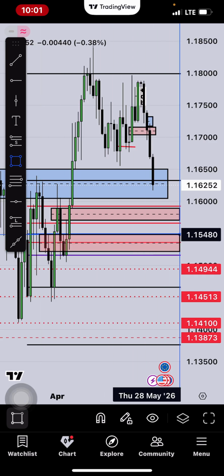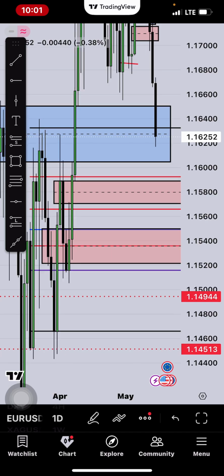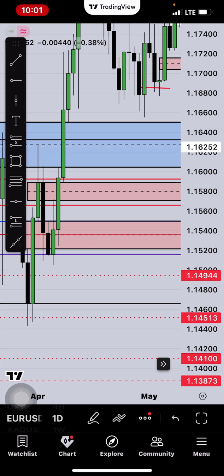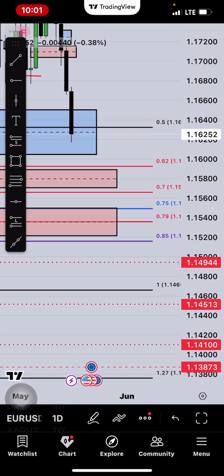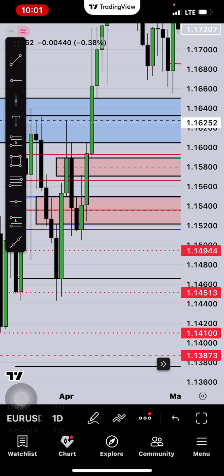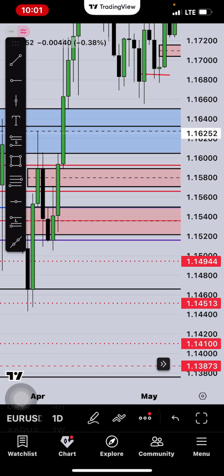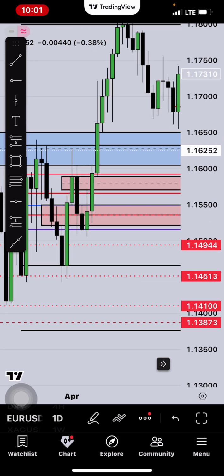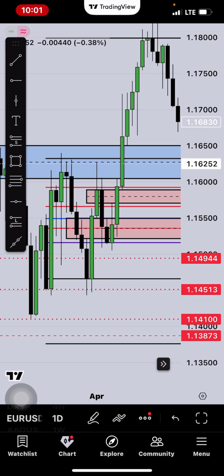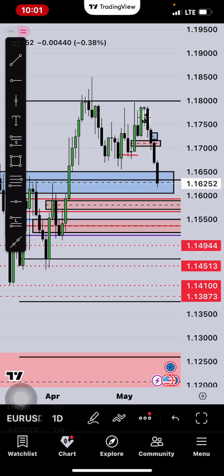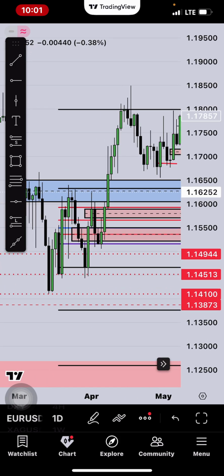I just want to show how most of the time everything just matches. You see that? It's aligned with the main threshold, fair value gap, and 79% retracement.